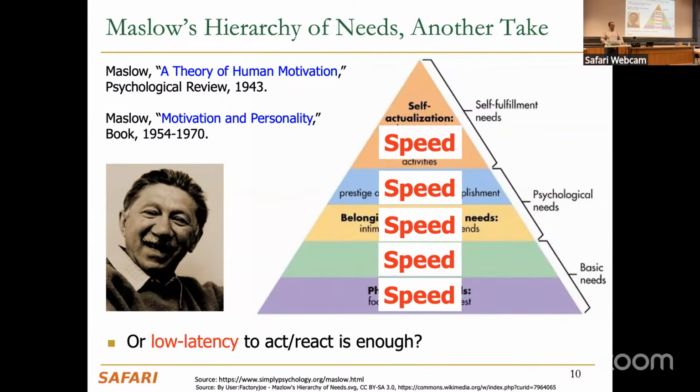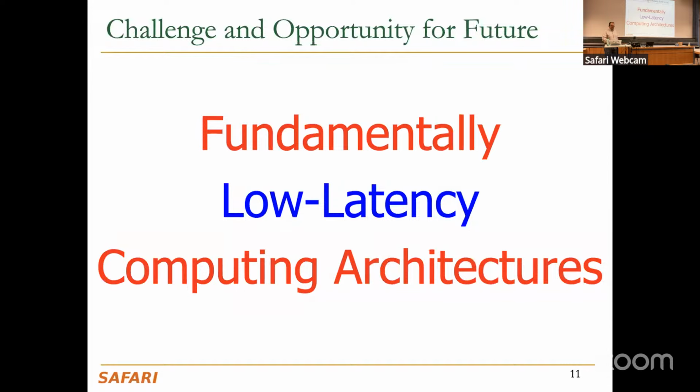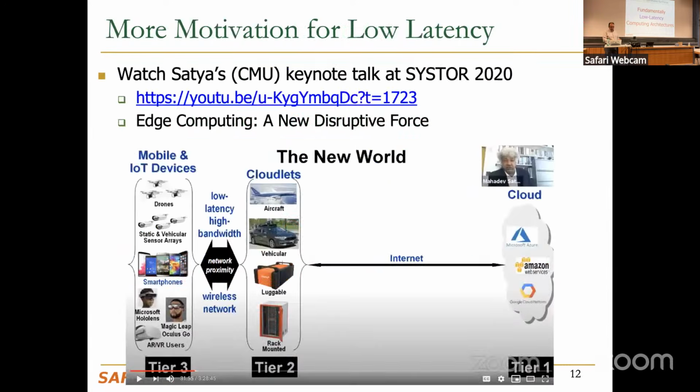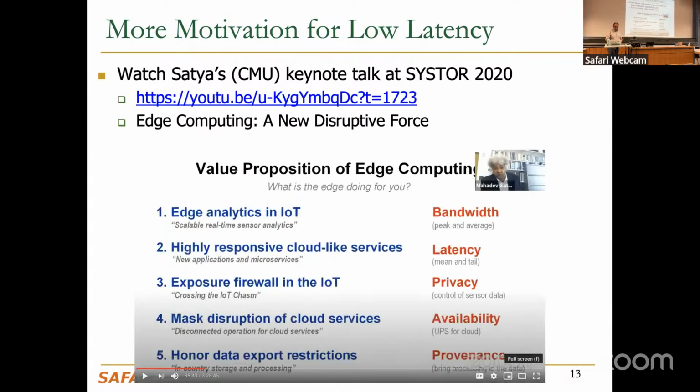Okay. So, challenges and opportunities for the future. Essentially, we need fundamentally low latency computer architectures. Here is also a talk from one of Professor Mutlu's colleagues from Carnegie Mellon University, Satya. This talk is about edge computing and how high performance you need to make it for edge computing.